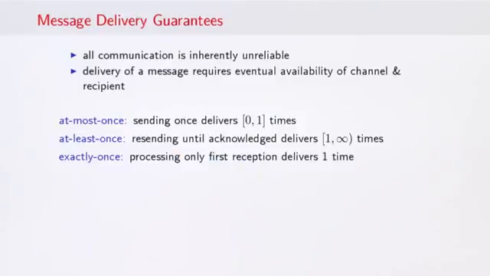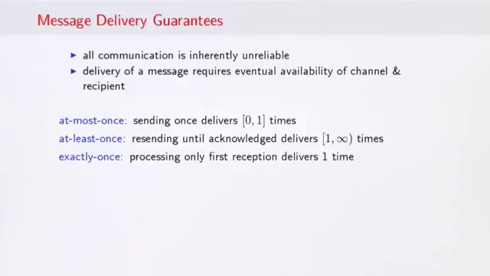Successful delivery of messages requires that eventually we will succeed. In the example with the two persons, it requires that both are perseverant enough to come back to the process and keep talking until the confirmation is conveyed. In more formal terms, delivery of a message requires the eventual availability of a communication channel and of the recipient.